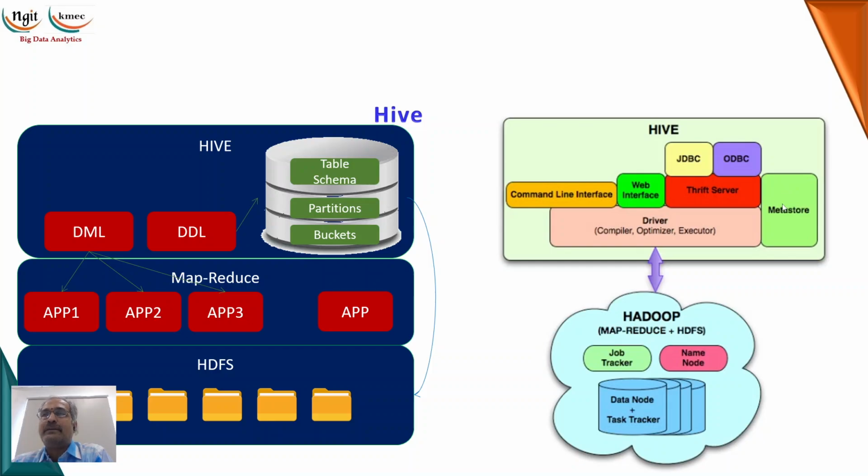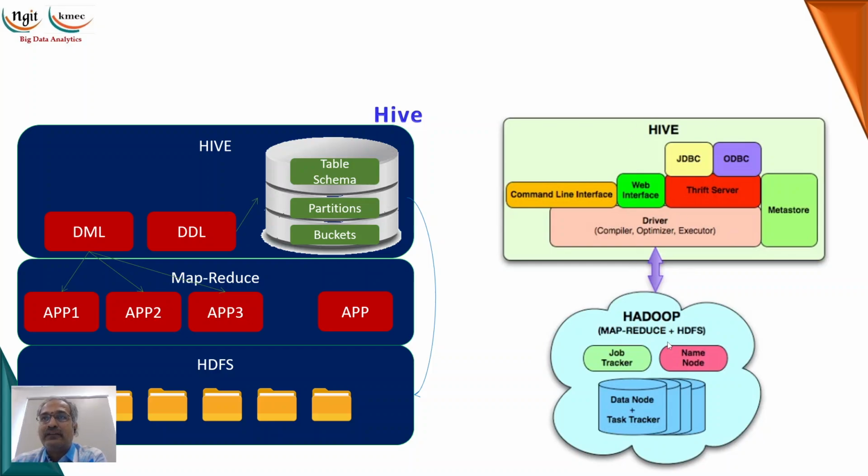It also maintains the metastore. Hive also has a web interface, using tools like Hue. JDBC and ODBC are also available to connect with the database. Then there is the thrift server, which converts any language commands into MapReduce and Hive understandable concepts, and then they will be executed.